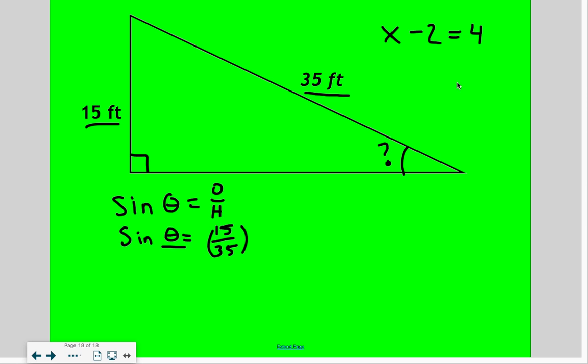So if x minus 2 equals 4, and I add 2 to both sides, then I would get 6. Excellent. Now, what you're actually doing is not just adding 2, but you are adding an inverse, because the inverse of negative 2 is positive 2.